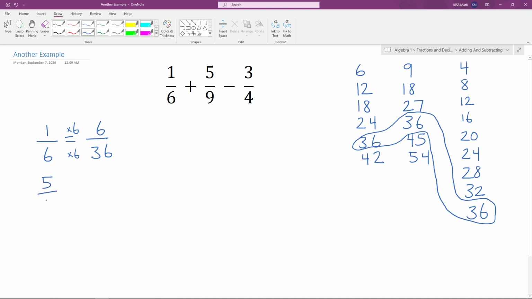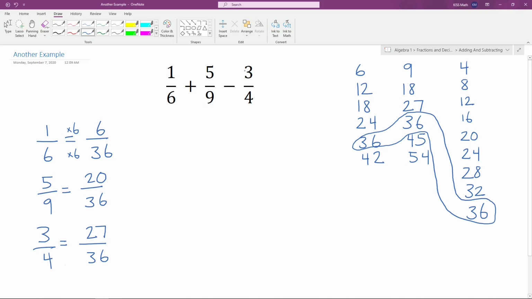For 5 over 9, that equals something over 36. I have to multiply by 4 to get there, so I'll do the same thing to the top. So 5 times 4 is 20. And then last one here, 3/4 equals something over 36. This one I need to multiply by 9, so I'll do the same thing to the top and get 27.